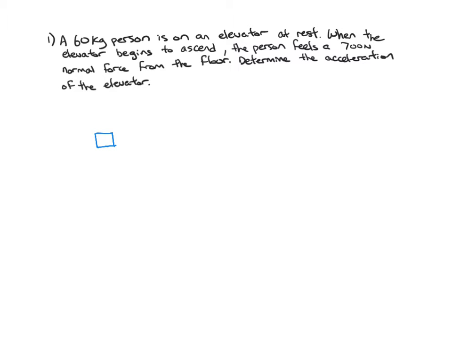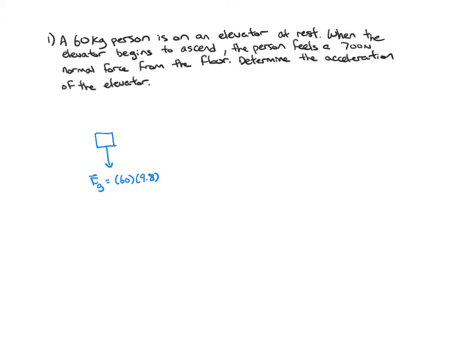So this person is 60 kilograms. There's a force of gravity downwards on that 60 kilograms. And sometimes you will see me calculate the value of the gravity right away if I know the mass, because that's a quick thing to do.